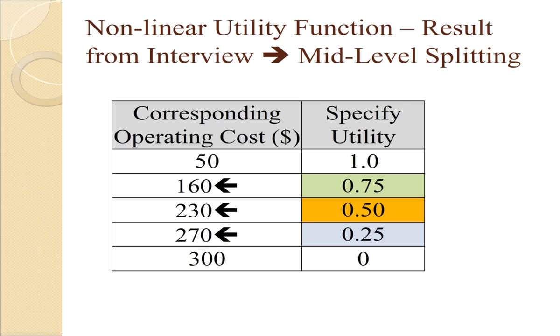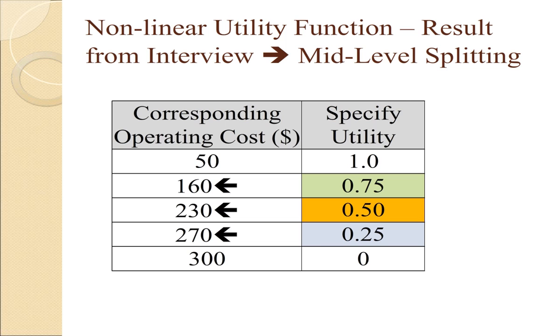Is it closer to the 50 or is it closer to 300? In this particular case, the feeling was that if you went from 300 to 230, you would have a dramatic impact and the utility score would rise from 0 to 0.5, even though you only made a $70 improvement.